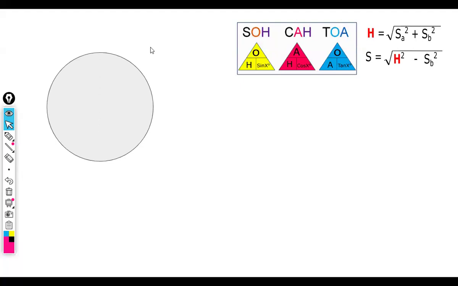So let's look at this new question now. I am going to give you the area of this circle again, but this time the area, let's call it 78 centimeters squared. So that's the area. Here's the question. Find the circumference of the circle.